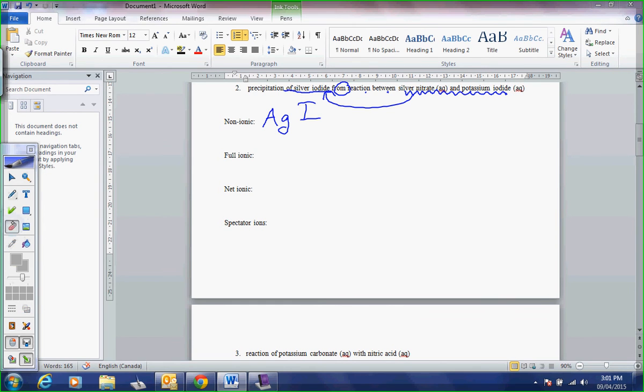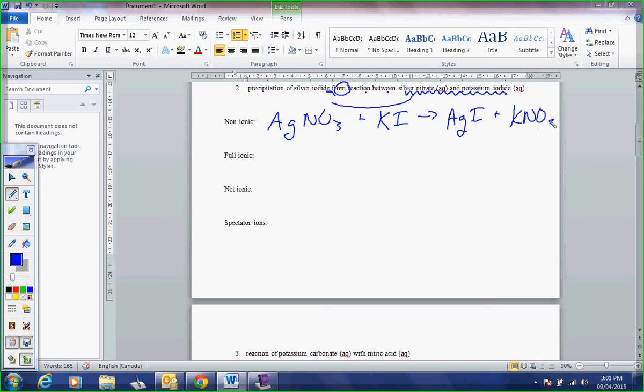So I'm going to start with silver nitrate and potassium iodide, and I'm going to form silver iodide. And if it's a double replacement, KNO3. And I'm going to make sure I put my solid there for that precipitate, so I remember to keep it together. And the rest are aqueous.